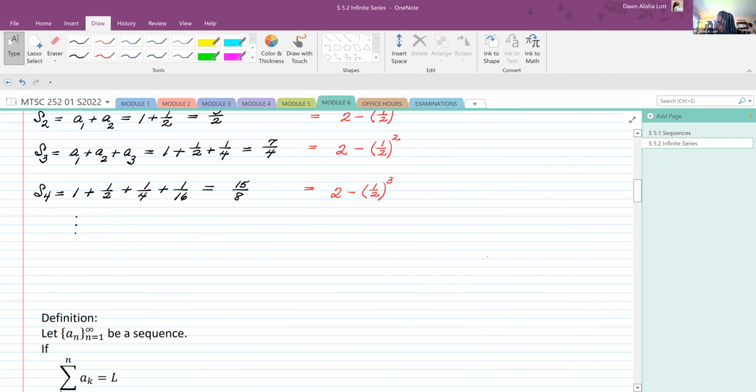It looks to me like Sn is going to be 1 plus 1/2 plus 1/4 plus 1/16, and I'm going to keep adding until I get to the last term, which will be 1/2 to the n minus 1. So that is Sn. It is the nth partial sum.